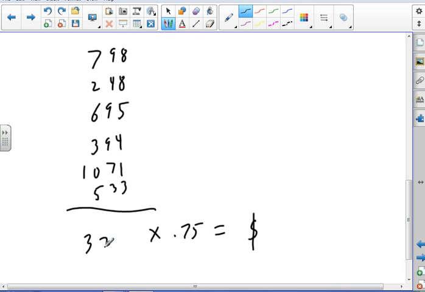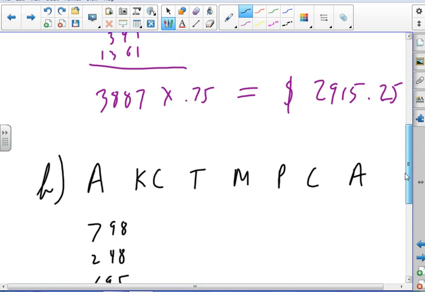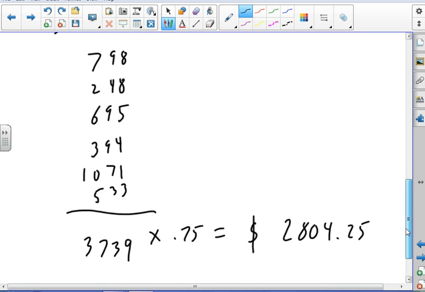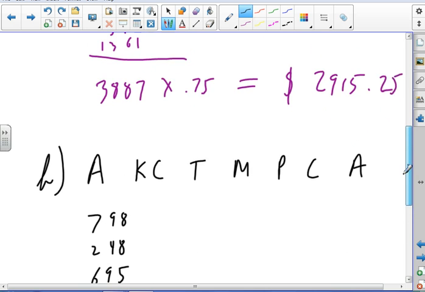I get 3739 times 0.75, 2804.25. I hope that's more than last time. No, it's not more than last time. It's less. How can it not be more than last time?